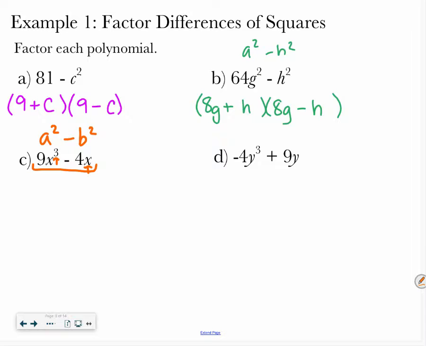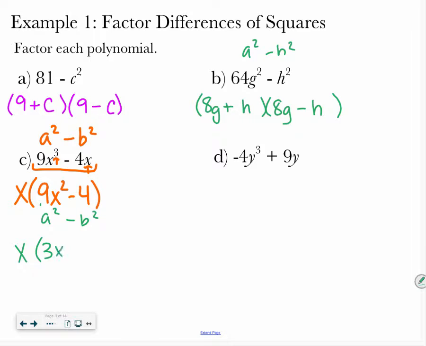So what I'm going to do first is I'm going to pull out an x because they have an x in common. So then I'm left with 9x squared minus 4. Now if I look at that 9x squared, I can say, well, this is an a squared minus b squared. So I'm going to write x, and I'm going to do what times itself gives me 9, that's 3.